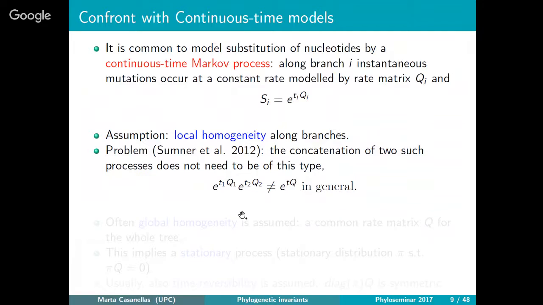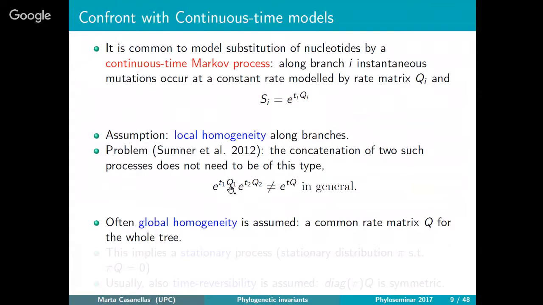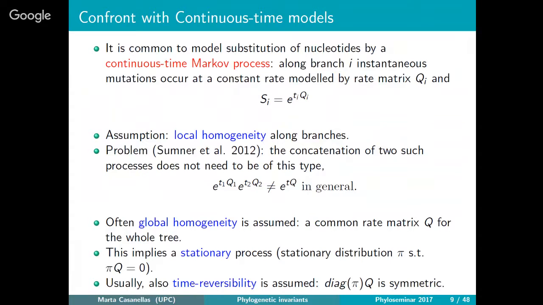Okay, so that's why often global homogeneity is assumed, that the rate matrix is the same throughout the tree, and it's called the rate matrix Q. Okay, this is called global homogeneity because we assume that along the whole tree, the instantaneous mutation rates are the same. This in particular implies that the process is stationary, because there is a stationary distribution, it satisfies this condition. And usually also time reversibility is assumed, that this matrix is symmetric so that the process can be reversed. Okay.